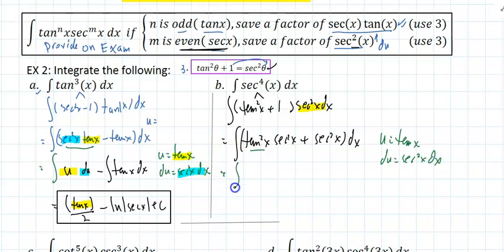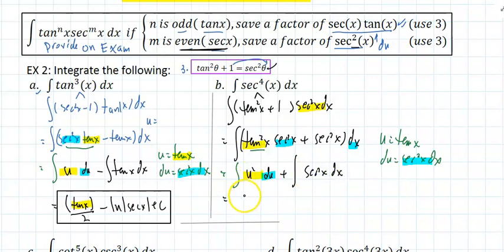So this first integral is actually nothing more than a u squared, and secant squared dx is my du. That would take care of it. Plus the integral of secant squared of x dx.